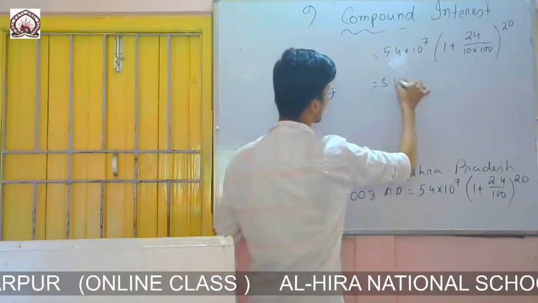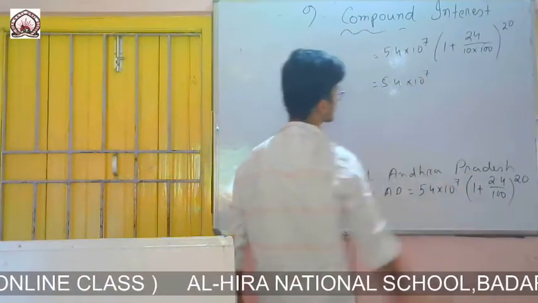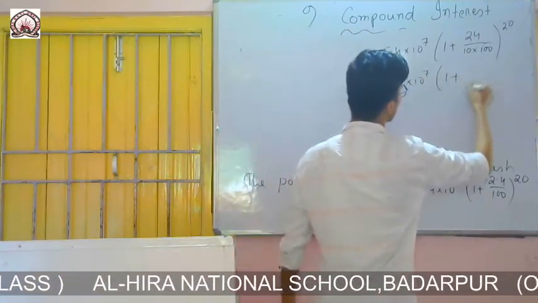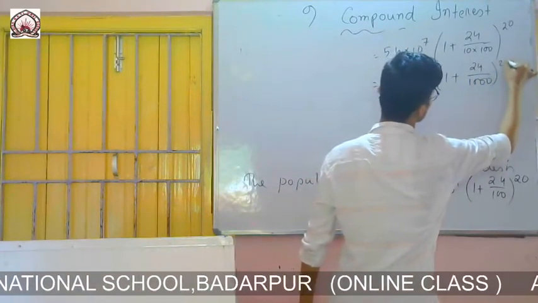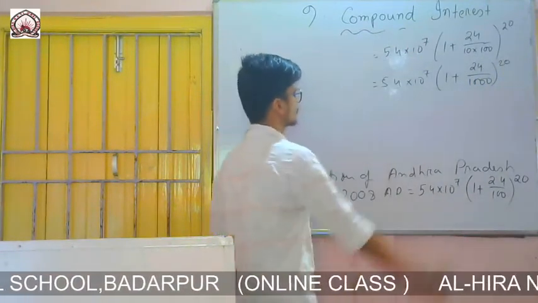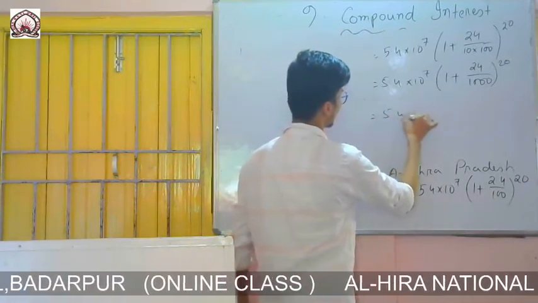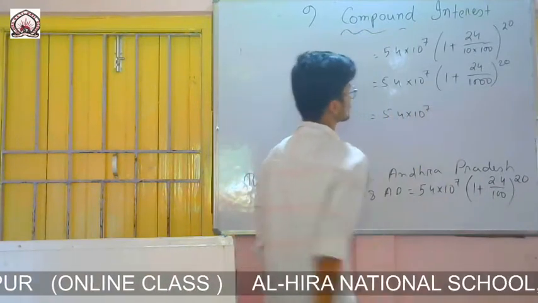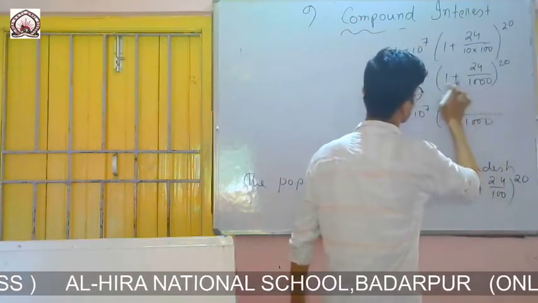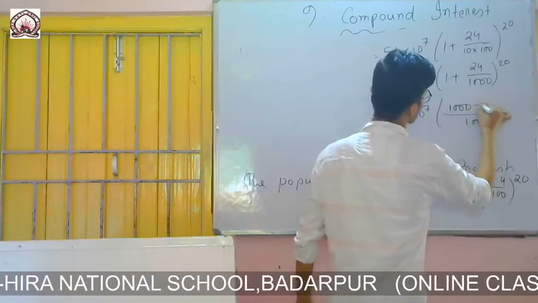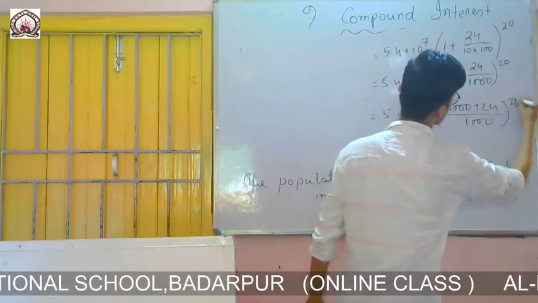So it will be 5.4 into 10 to the power 7, 1 plus 24 by 1000, whole thing to the power 20. You take the LCM, it will be 1000 plus 24 by 1000.